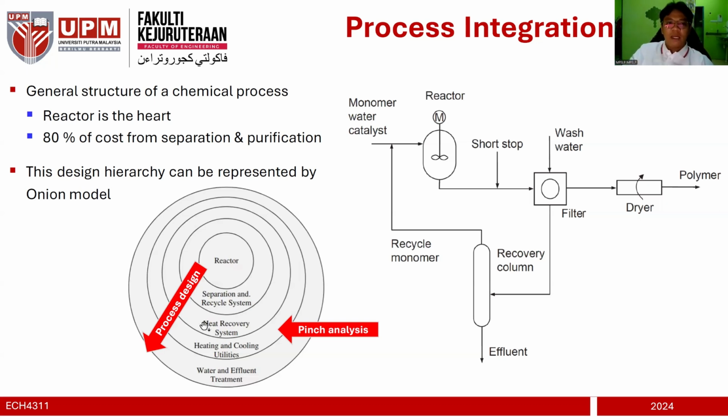If you design a recovery system, then maybe it is reduced to say 50% usage. Then you can design your cooling utilities after you have done your energy recovery. And then after that, because you also deal with water, you have to deal with the water next.